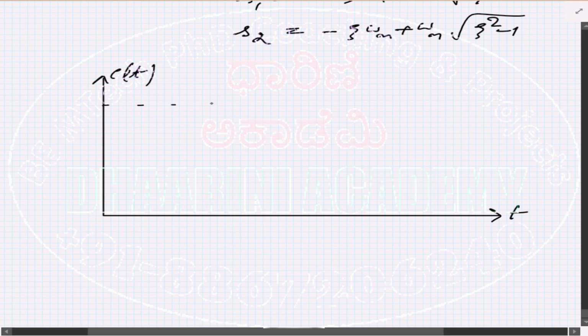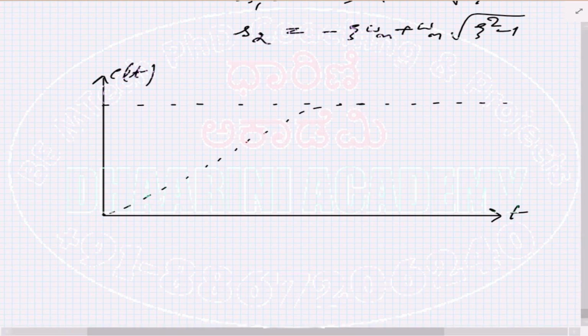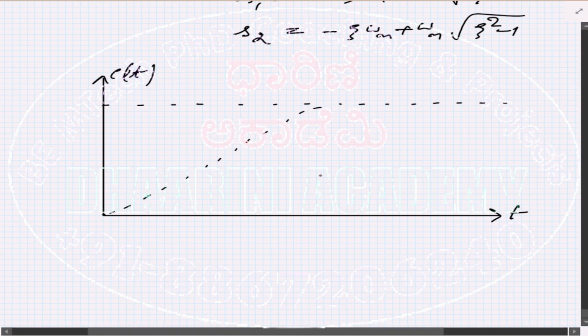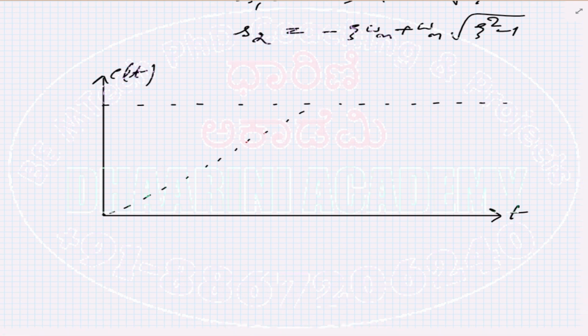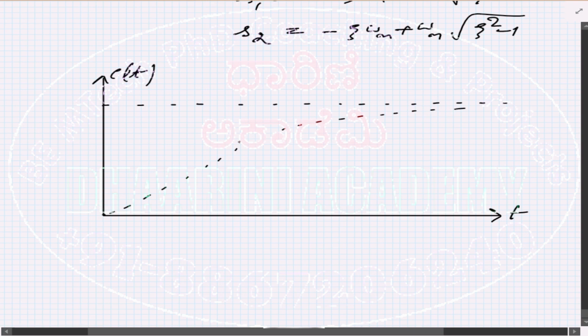But now you see I have two exponential functions, right? If my underdamped or critically damped function was looking something like this, let me assume that this is how it was. It was giving an output like this. Now there are two exponentials, so my output is further delayed.